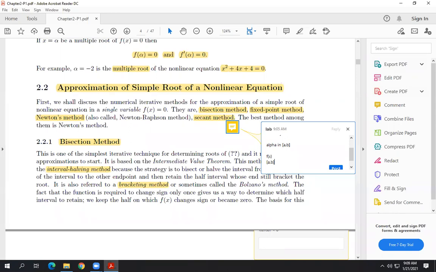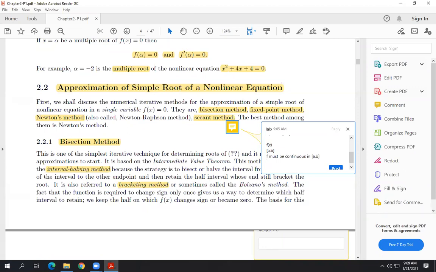And how can you check alpha is inside, please? Which I also told you last time. Any student? How can you check? We have to check F must be continuous in the interval. Right?